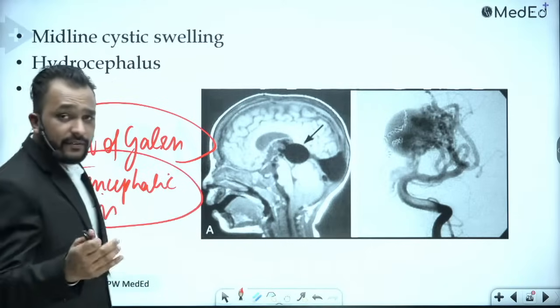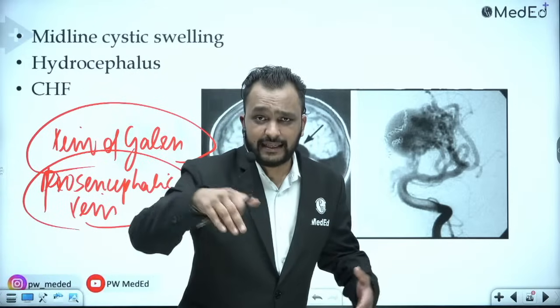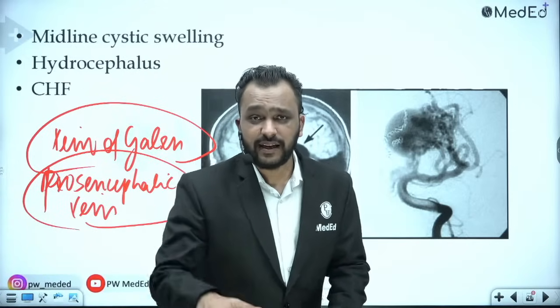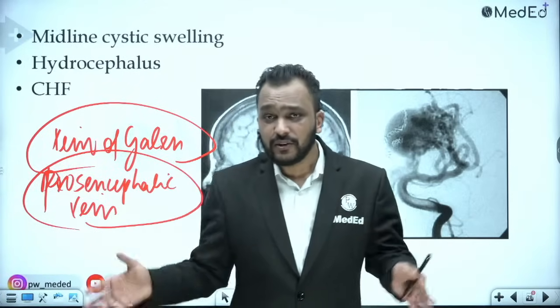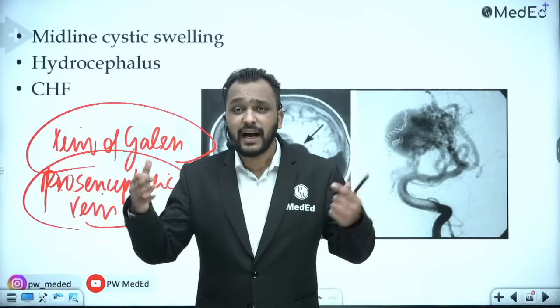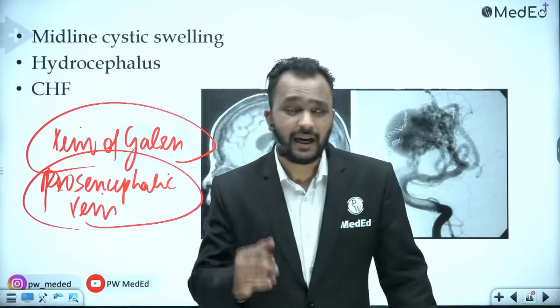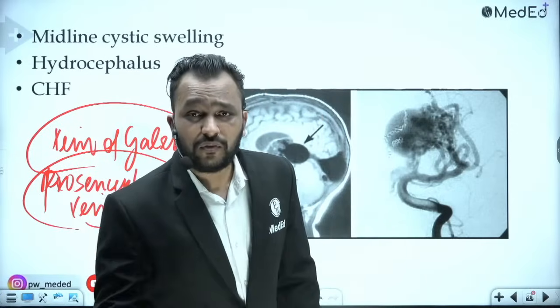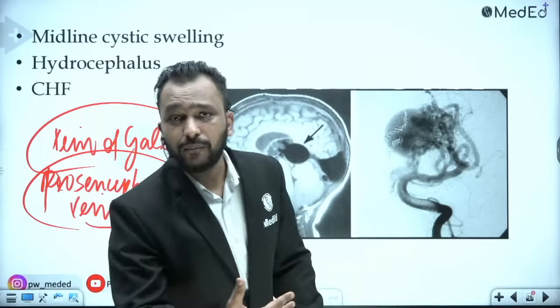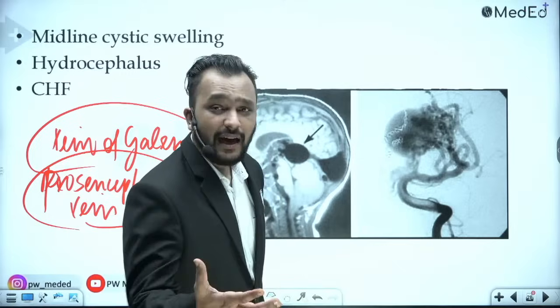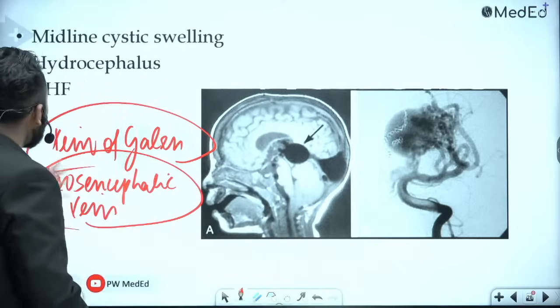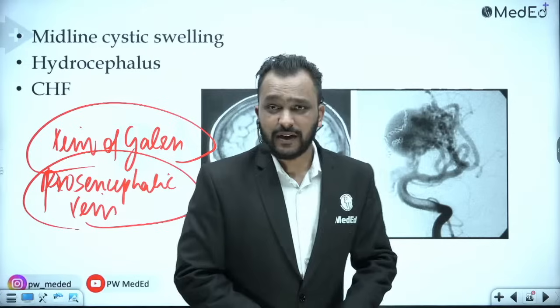So the blood is going from the arteries directly into the veins, and from the veins it is going directly into the heart. So the patient is presenting with high output cardiac failure, because a lot of blood is going into the heart directly from the arteries into the veins, and the heart is not able to manage it. So it will go into congestive heart failure.